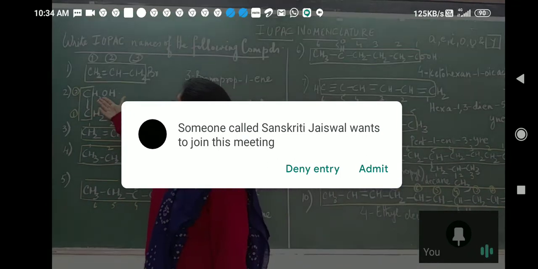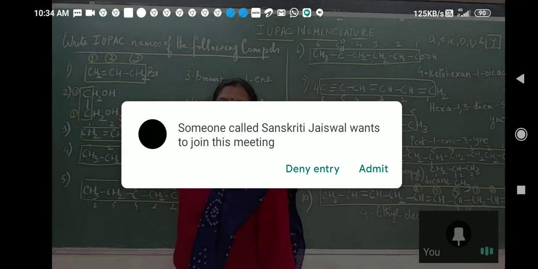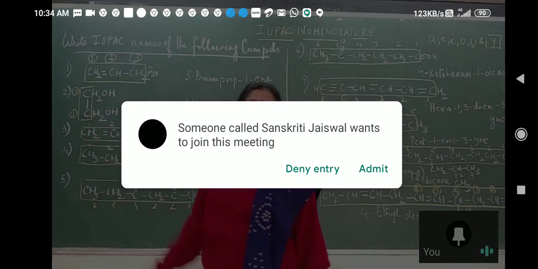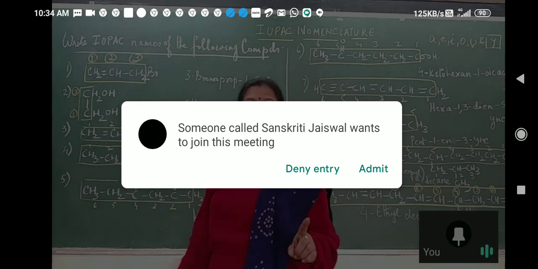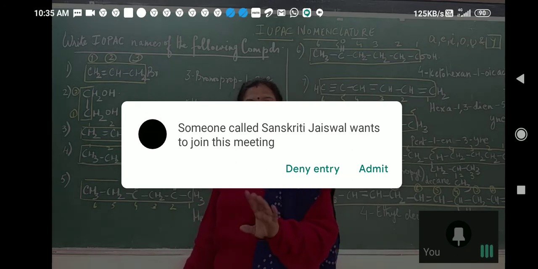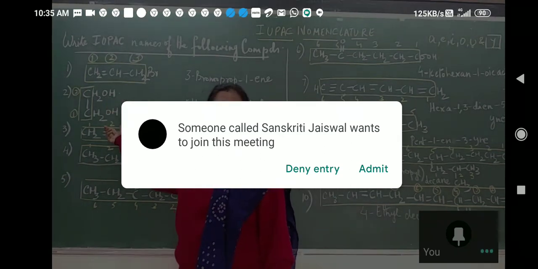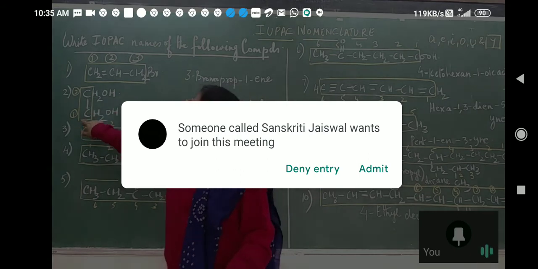It is CH2OH and CH2OH. The longest chain will be of 2 carbon atoms and the root word will be eth, and since they are all single bonds, ethane. Ethane is the root word. And what are these? Functional groups. You can number from any end.